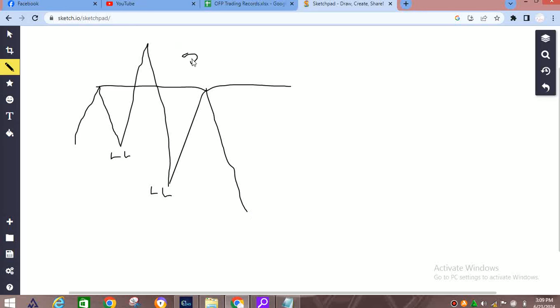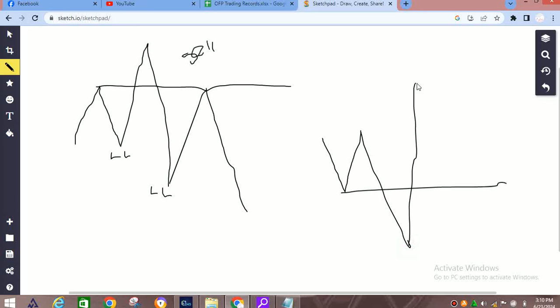So let's go for a buy QM. It's just the opposite of this, just upside down. First we have a shoulder and then we have a head, but upside down. Same thing applies. Remember, this is sell.